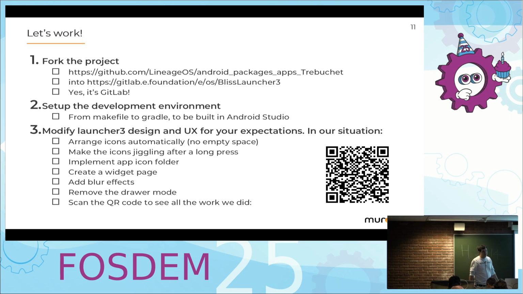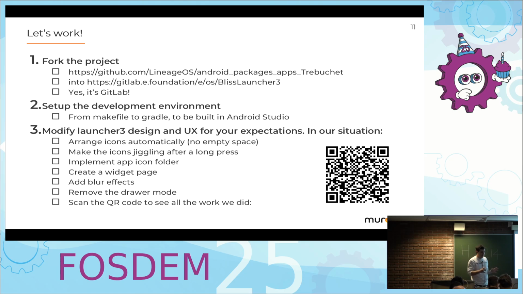We modified the launcher design and UX to meet our expectations, which are, in your case, what I listed here. As I said earlier, there is no documentation, so that's purely reverse engineering, trying to understand how the code is designed and to modify what exists in the source code. Hopefully, we didn't have to modify a lot of stuff.